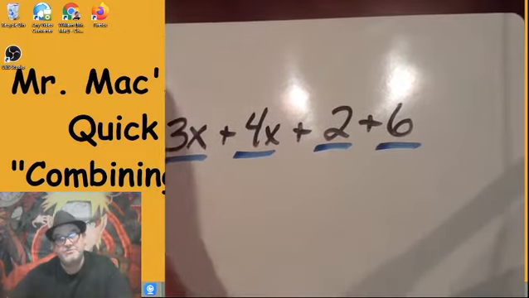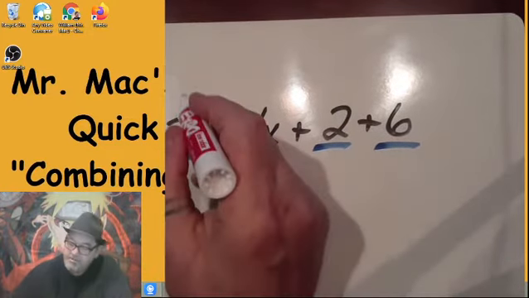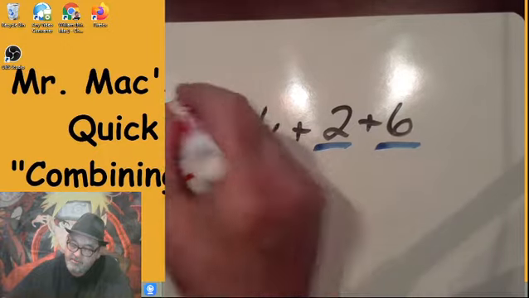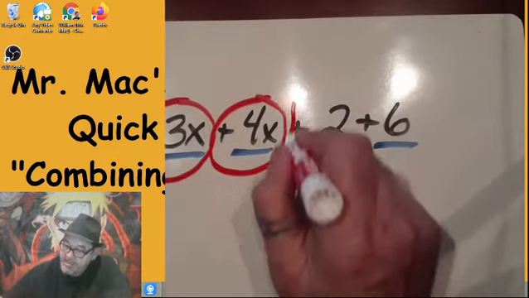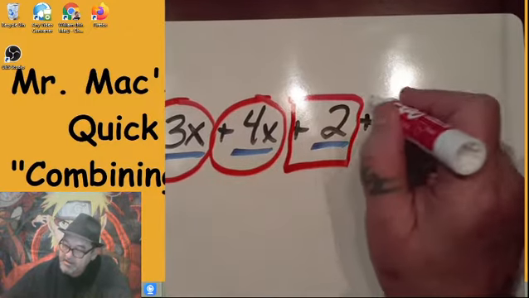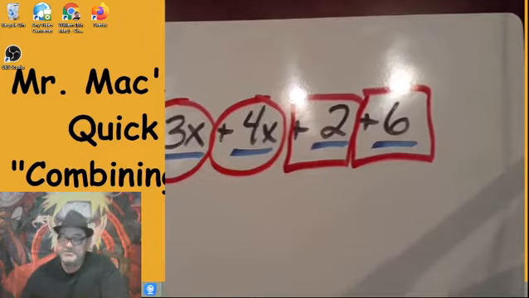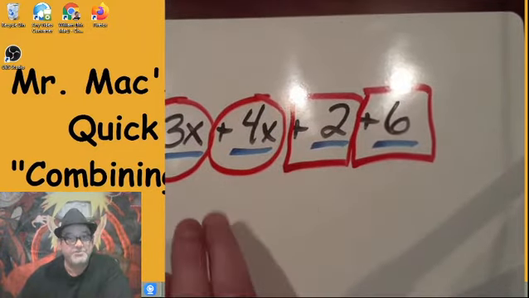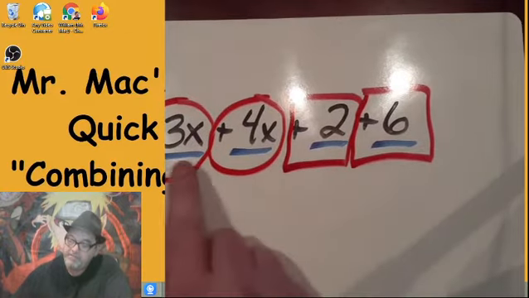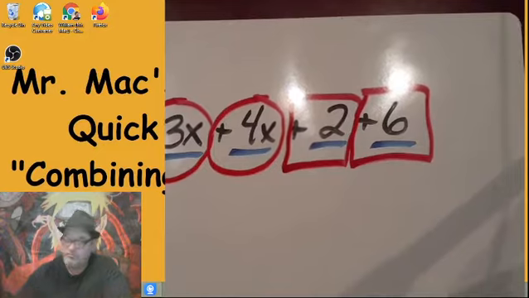But of those 4 terms, there's only 2 categories, because I have x's here and I also have x's here. Here I have plain old numbers, and here I have plain old numbers. So what we need to do to clean this up is combine terms that are alike. We're going to put groups that are the same into one big group.